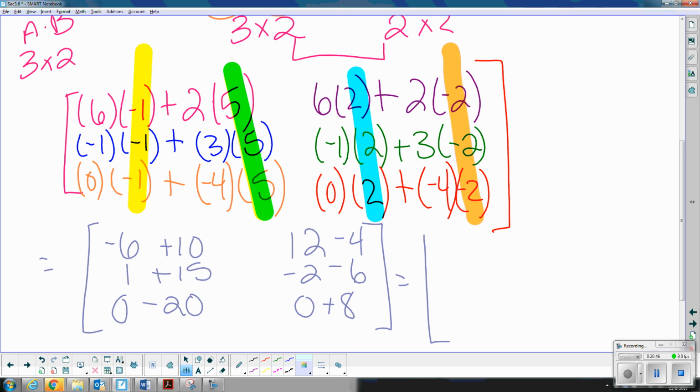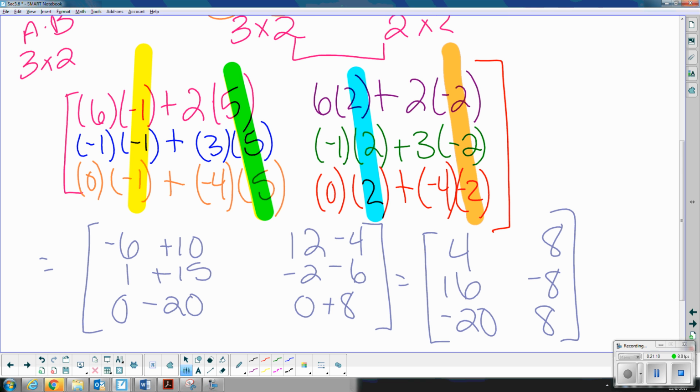So we can simplify this again by adding each of those terms to make up the element. So -6 plus 10 is 4, 1 plus 15 is 16, -20. 12 minus 4 is 8, -2 minus 6 is -8, and 0 plus 8 is 8.